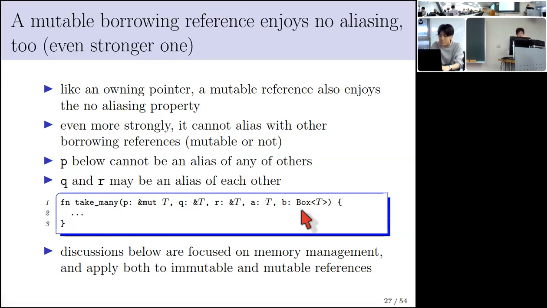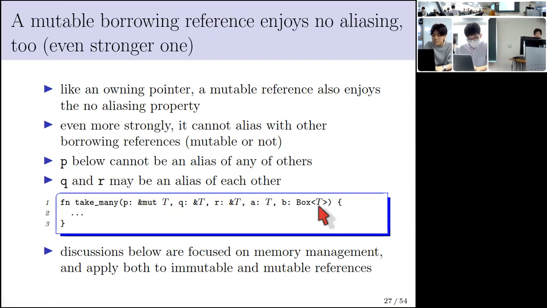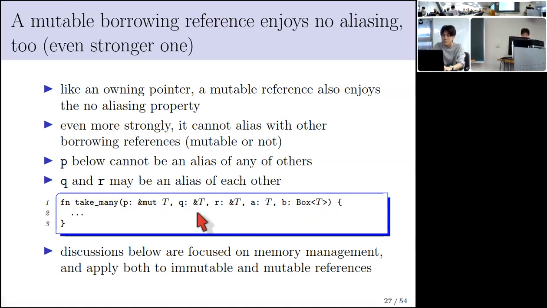So the compiler can assume that p and all other variables never point to the same data structure. The only possible aliasing between these variables is that Q and R, the ordinary borrowing pointers, may be pointing to the same data structure.